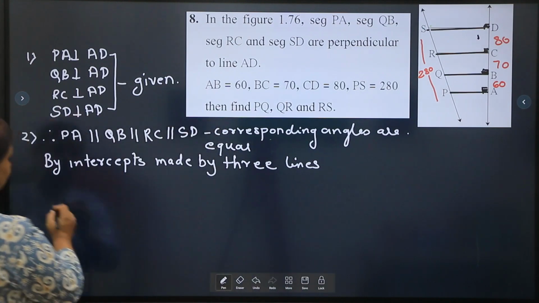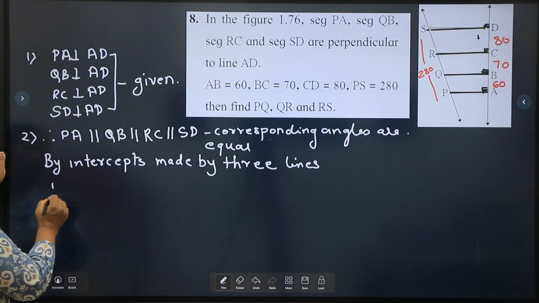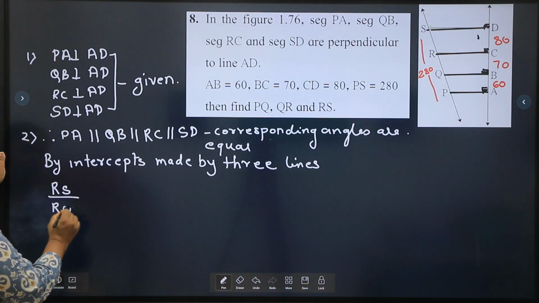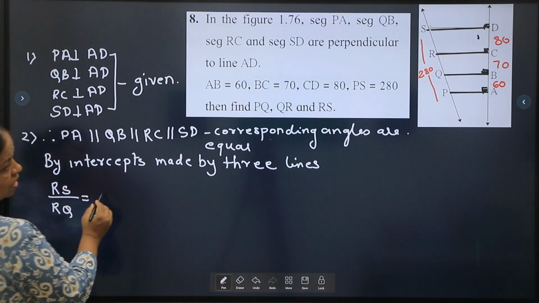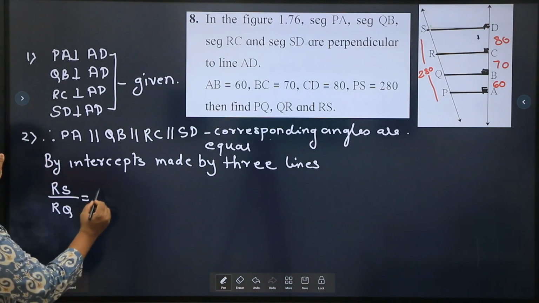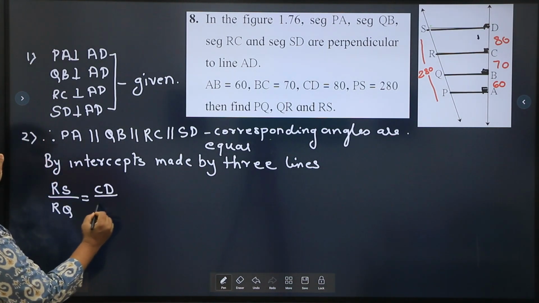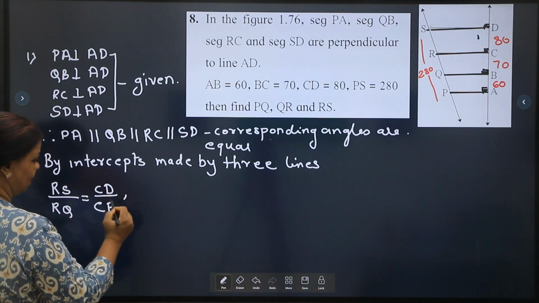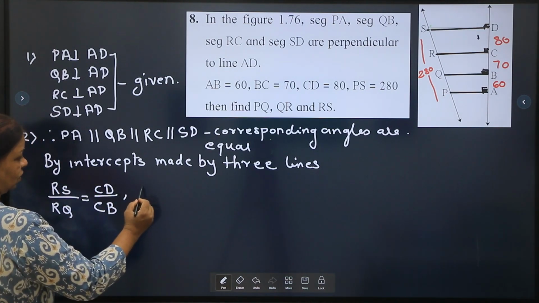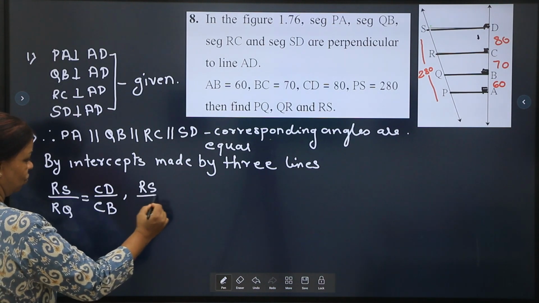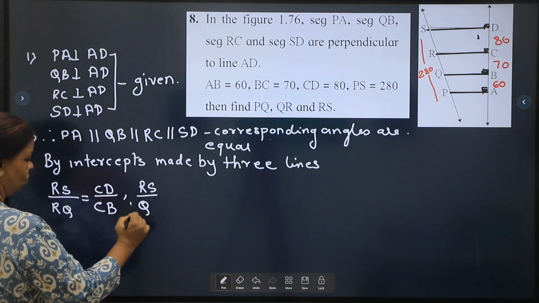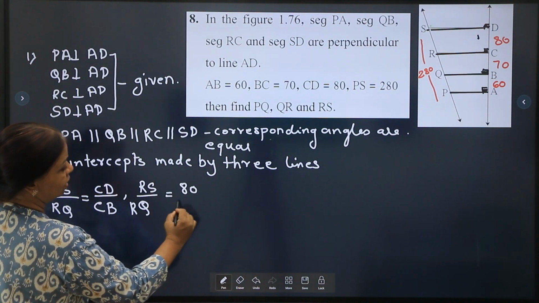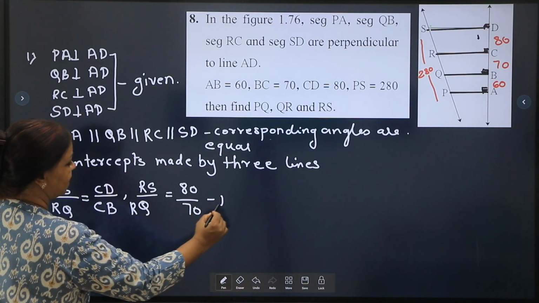Let us use it. RS upon RQ is equal to CD upon CB. Now how much is CD? Place the value. RS and RQ we don't know, but we know the CD value. CD is 80 upon 70. Let us keep it as 1.